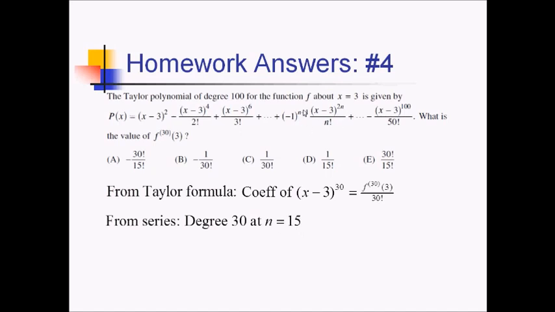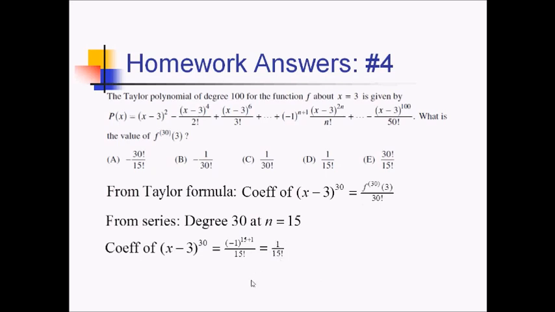Plugging that into our general formula, that means our coefficient for the 30th degree term is going to be negative 1 to the 15 plus 1, and then we'll have 15 factorial downstairs. So this just becomes 1 over 15 factorial. All right, so here's what the coefficient ought to look like. Here's what it actually does look like.